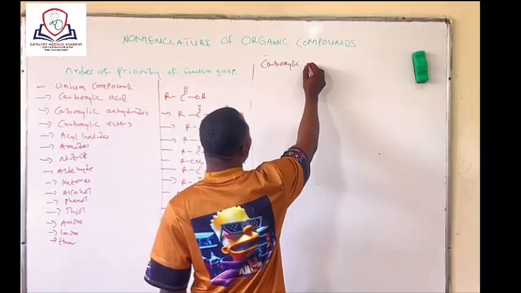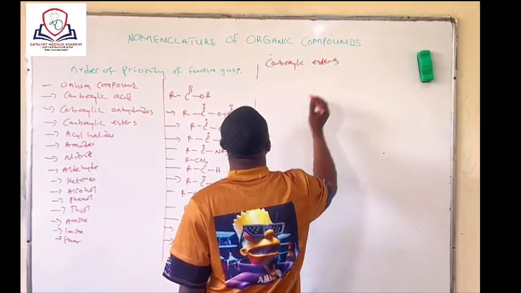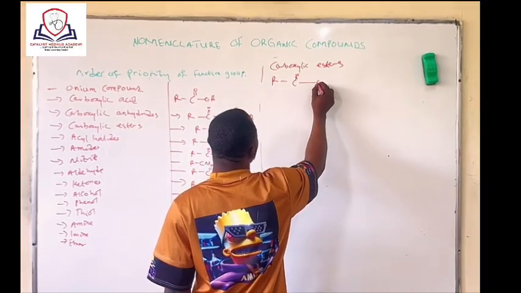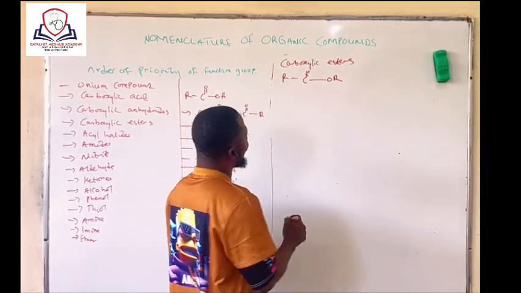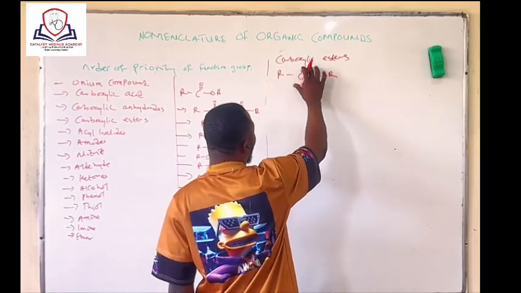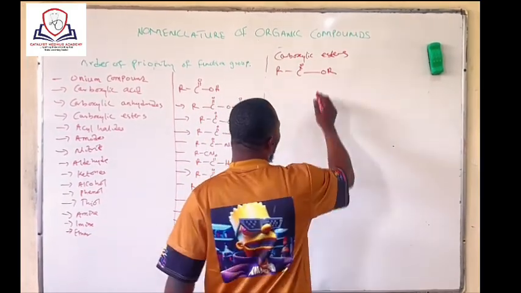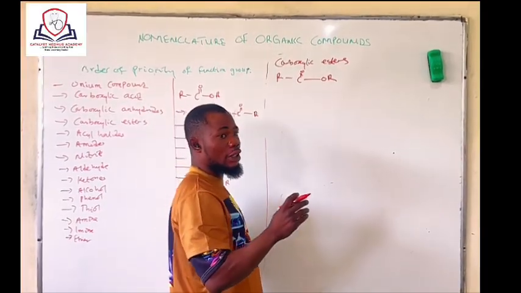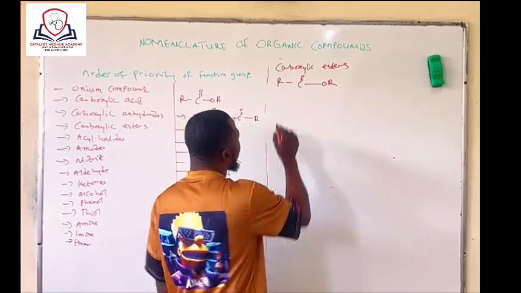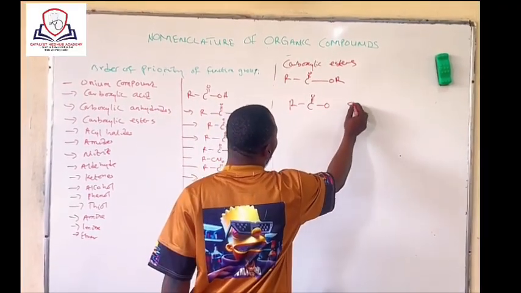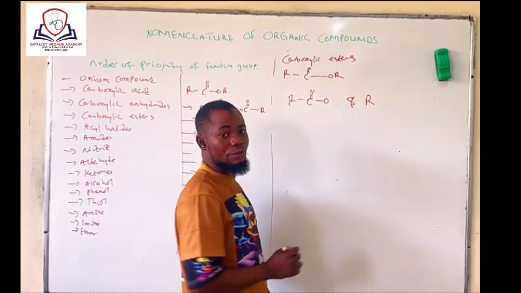Carboxylic esters. We say carboxylic esters are where the hydroxy group of a carboxylic acid is replaced by OR. Now, we should know that carboxylic esters have two parts. There is the acyl part and there is the R part.